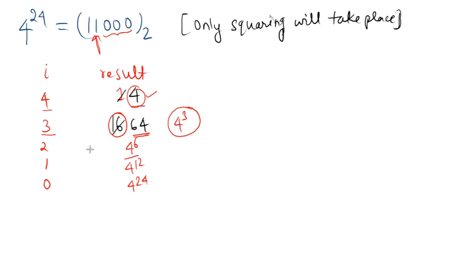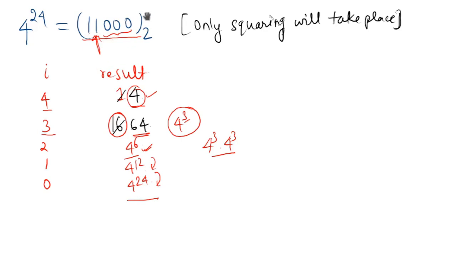So here 4 power 3 will become 4 power 6, because we are doing result into result, which is 4 power 3 into 4 power 3, which is 4 power 6. Again the square operation will take place, which will result in 4 power 12, and again squaring will take place, which will result in 4 power 24. So that is how this will be executed.